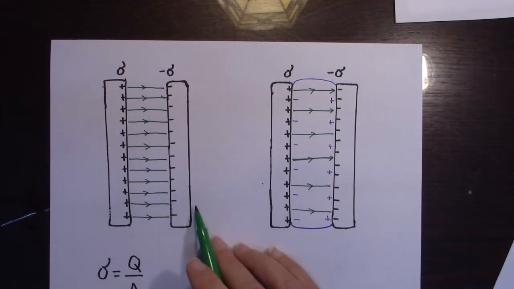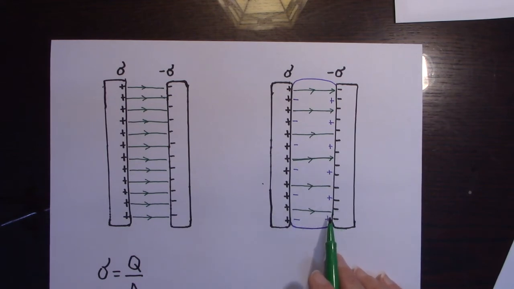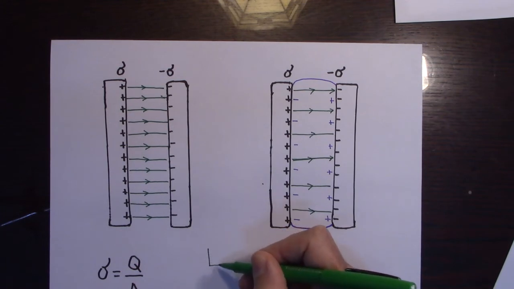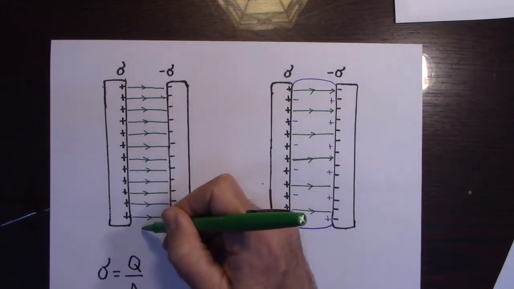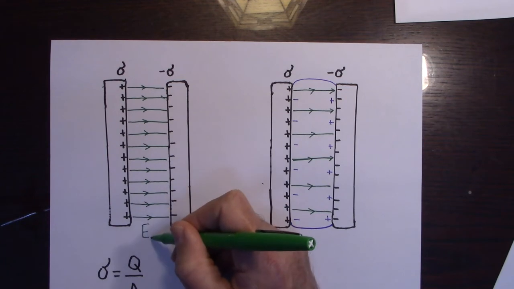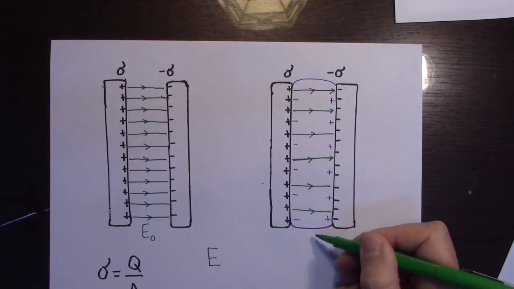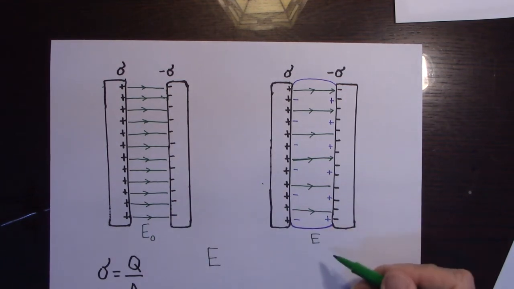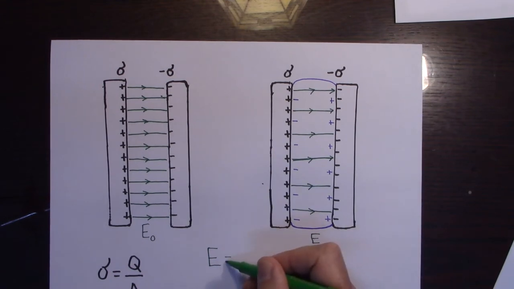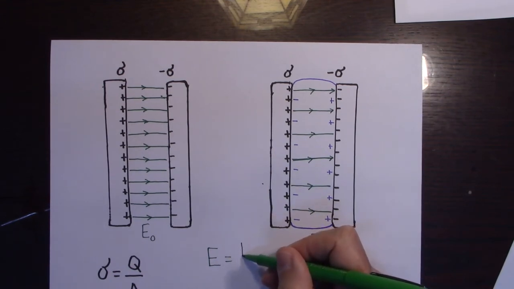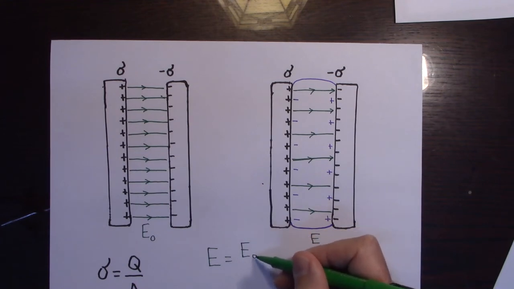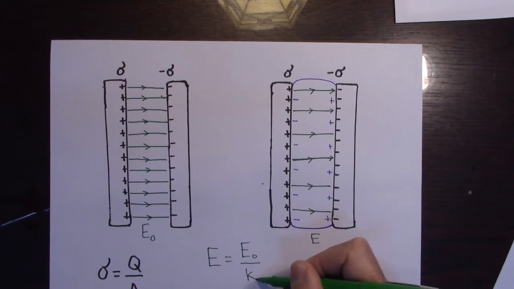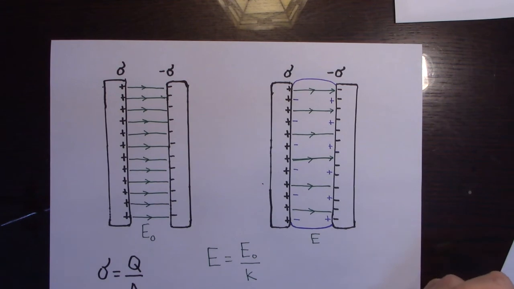Your charge stays the same, but your electric field goes down. If this is the old electric field, we'll call it capital E sub naught, the new electric field is going to be less, and it will be your old electric field divided by kappa. So that's when they're not connected to the battery.